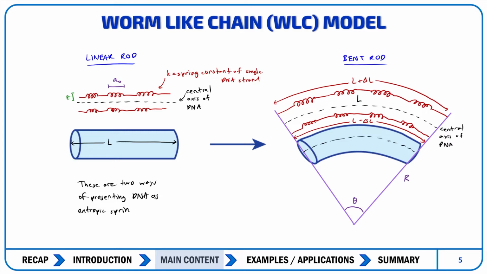And so looking at this, we know that we can take a look at theta and have similar triangles in effect here. So I just want to carefully relabel this. I want to call this R. Just to clarify what that radius is, it goes straight to the central axis of DNA.